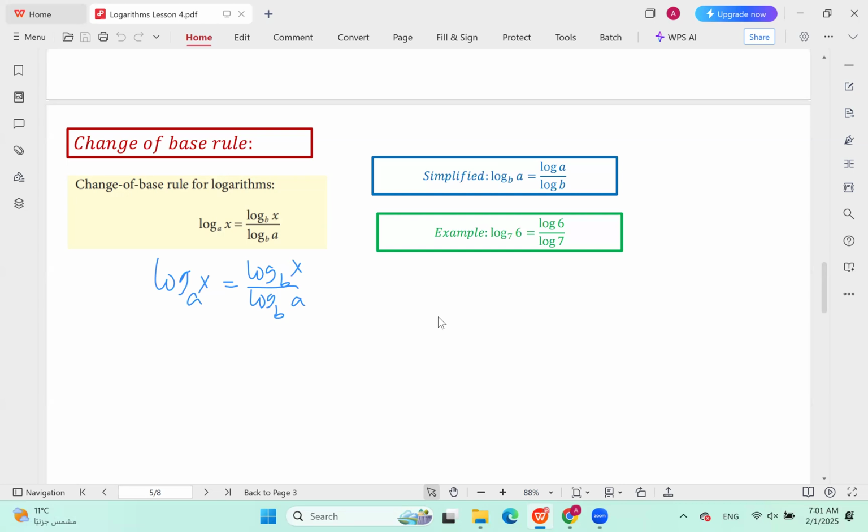So just ignore this base here. Let's assume that this is just like base 10 or whatever. So in general, if you have a logarithm, let's say we have log 7 base 3, we can write it as a fraction of log 7 over log 3 without a base. And this sometimes is convenient and helps us solve certain problems, as we shall see next.